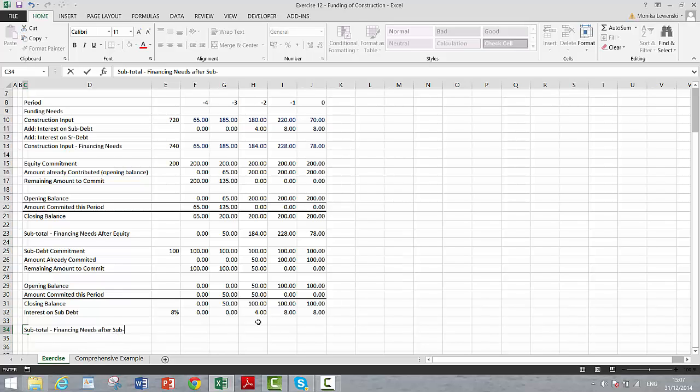subdebt. Now, you could get really fancy and try to say, well, let's put subdebt in first, let's put senior debt in first, and all of that. But that's, what a pain that is. So you might just have to do it each time like this. So this is what's left over for the debt.